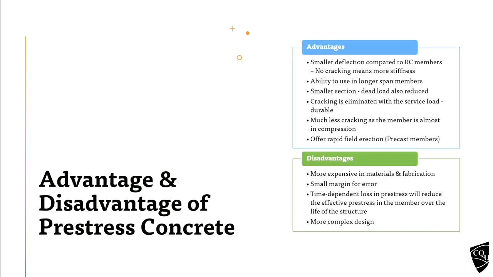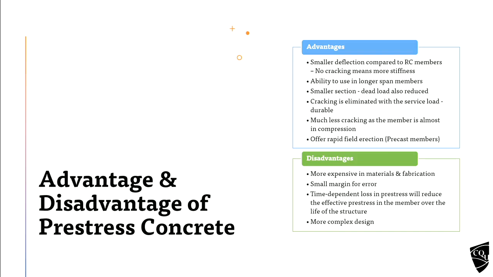It is 1000 or 5000 kilonewtons. So it's a very large compressive force we need to apply. If you want to apply very large compressive force, you need to have very powerful jacks, so it's quite expensive compared to RC.